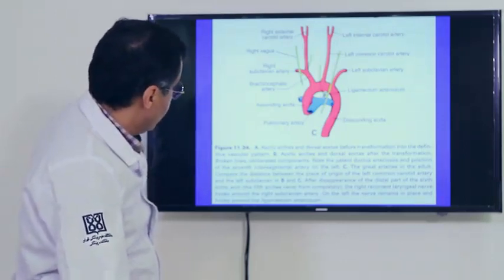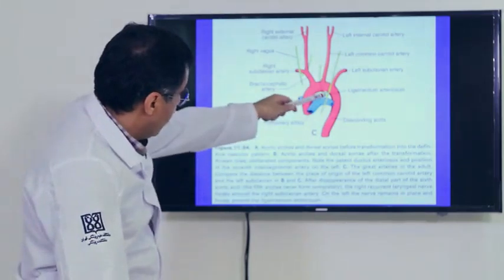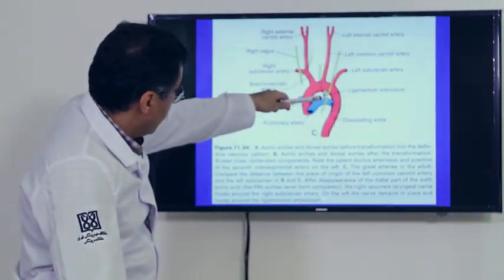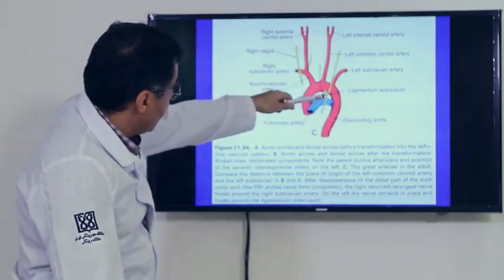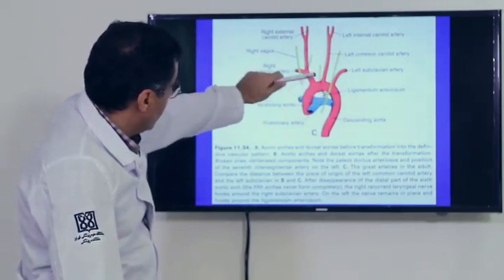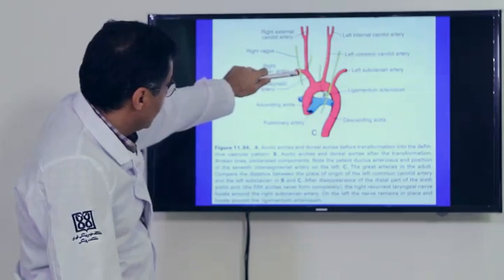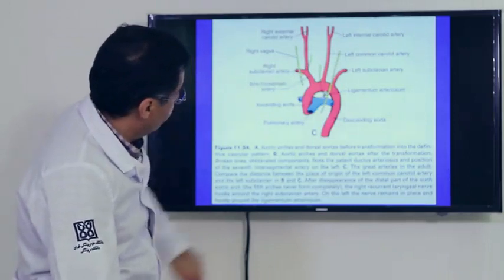Look again at the left recurrent laryngeal nerve, and you can see that the nerve remains in place and hooks around the ligamentum arteriosum, but on the right side, the right recurrent laryngeal nerve hooks around the subclavian artery in the neck.